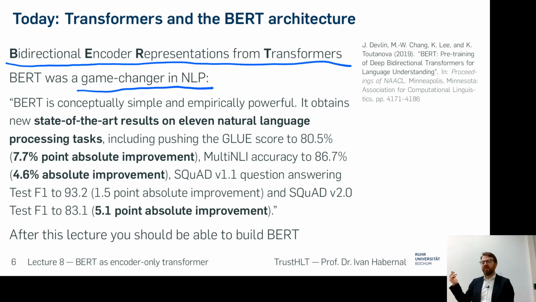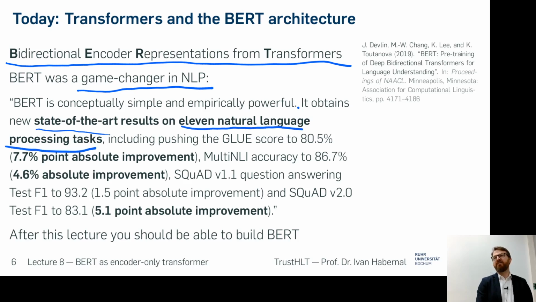And why is it so? I just looked into the abstract yesterday again, and it says BERT is conceptually simple and empirically powerful, and it obtains new state-of-the-art results on 11 natural language processing tasks. You're really beating many things at once, including pushing the GLUE score, which is a natural language understanding benchmark, by 7.7 absolute improvement points. This is huge.